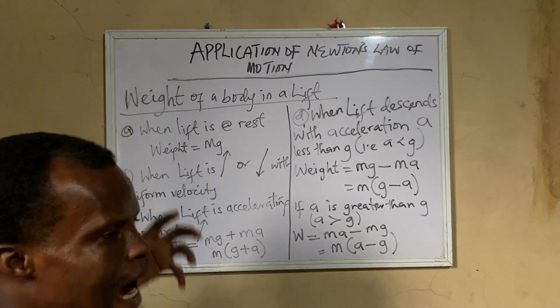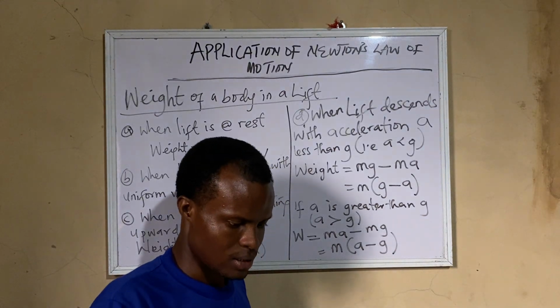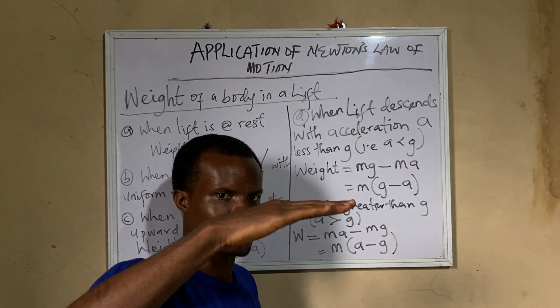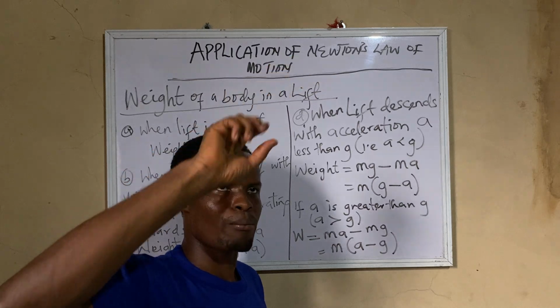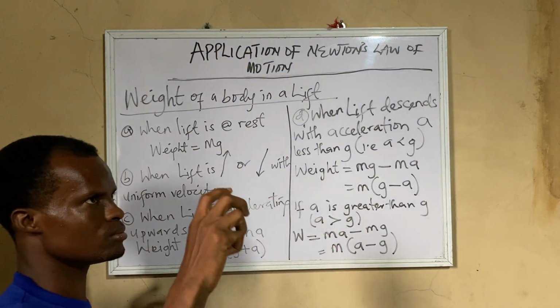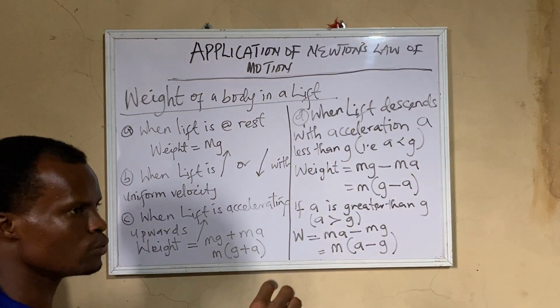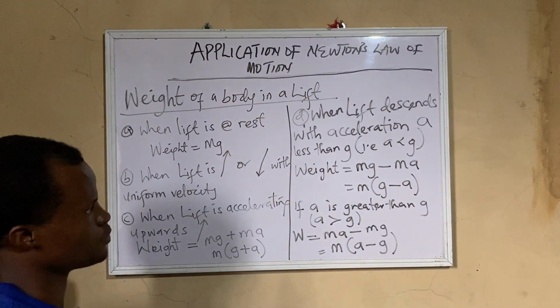But what happens when you're inside the lift and the lift begins to ascend? Probably you are on the ground floor and you are going to the fifth floor. So, how do you move?